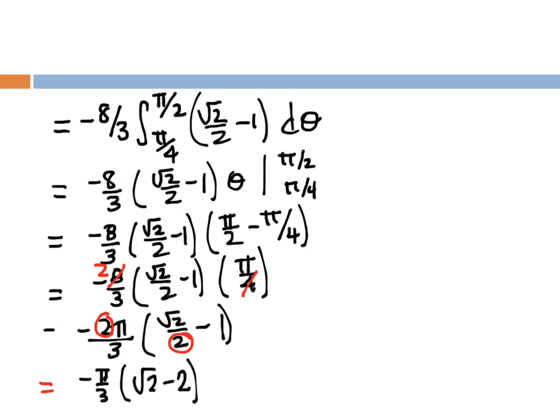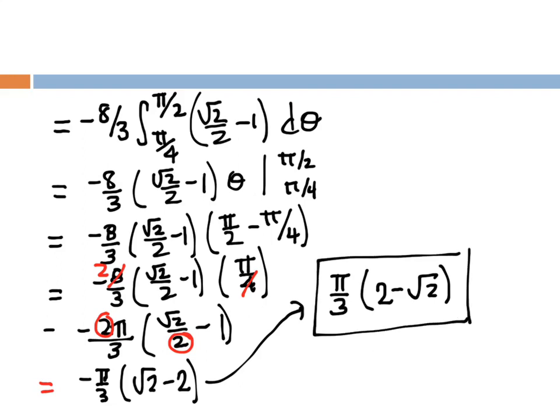And that's kind of nice. It still seems a little bit odd because I've got all these negatives going on. So we could also distribute the negative and see what happens. I can distribute the negative through the inside instead of through the outside, which would be a little bit nicer. And then I'll have 2 minus the square root of 2 right here. And that's our final answer for that problem.